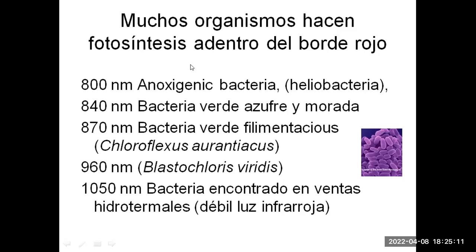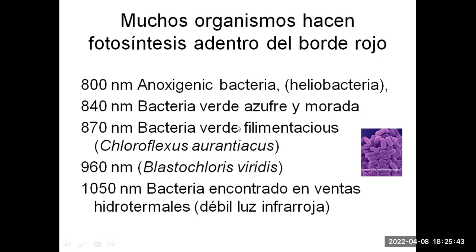So these are some examples of bacteria which do in fact absorb, and not only absorb but also do photosynthesis beyond the red edge. These are anoxygenic bacteria like the Heliobacteria, the green sulfur and the purple bacteria, which do photosynthesis at 840 nanometers.